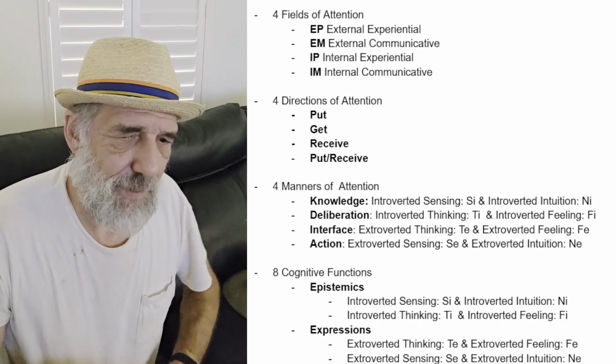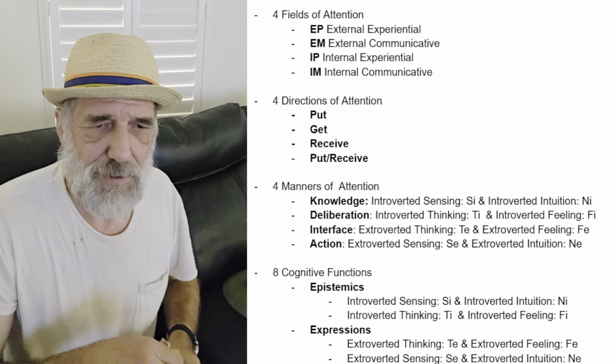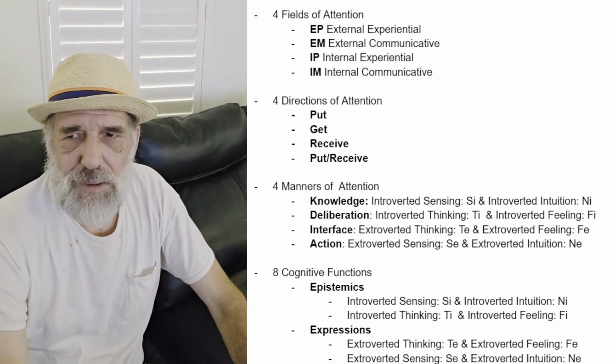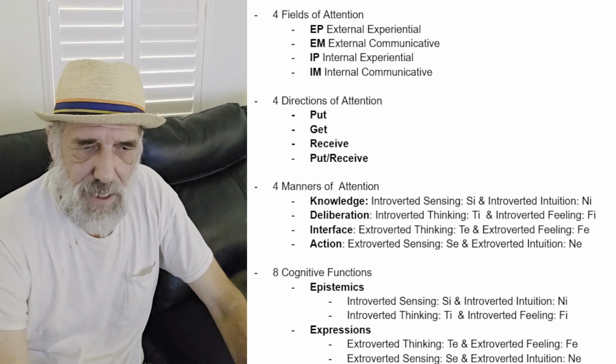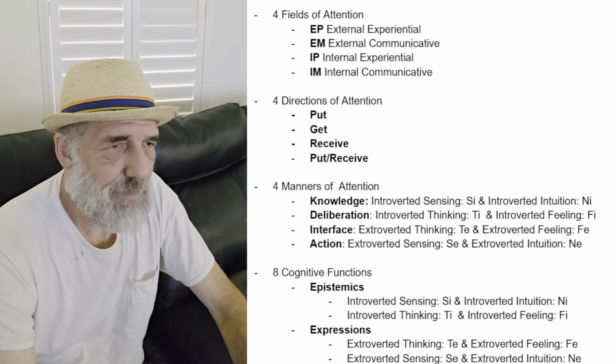Extroverted sensing, introverted thinking will be a little bit less so because extroverted sensing is an experiential function. Nevertheless, it's an action-taking function that presumes one can complete the action uninterrupted by interface.